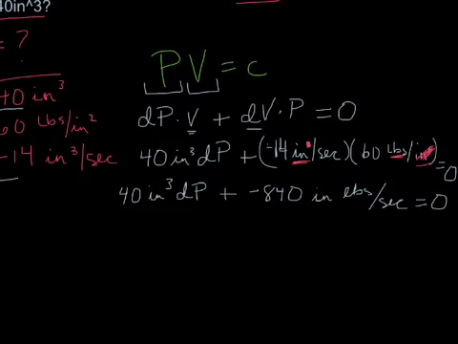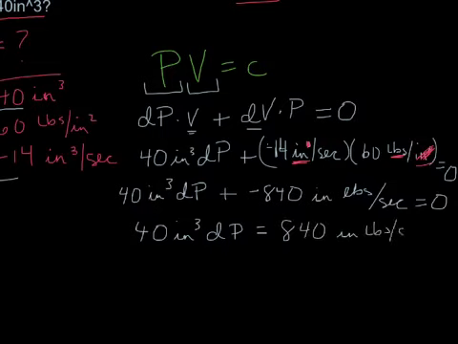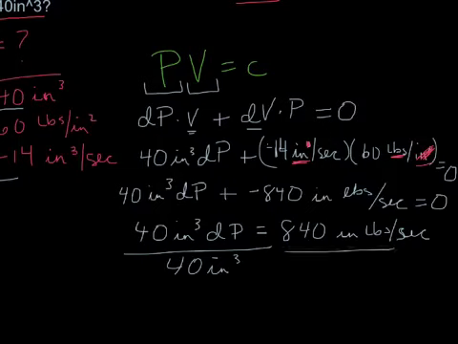Move that 840 over. When I move the 840 over, it becomes positive inch pounds per second. Okay, so I move that over. I got to divide by my 40. Divide by 40 inches cubed.